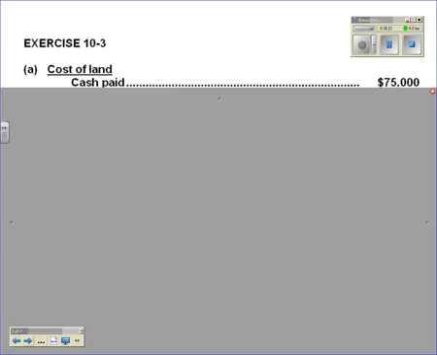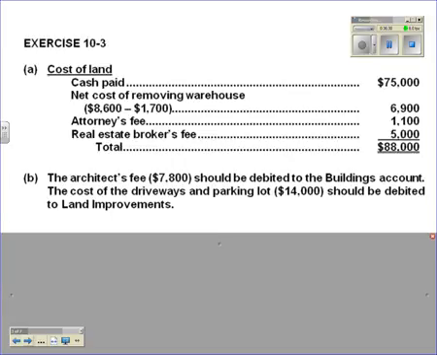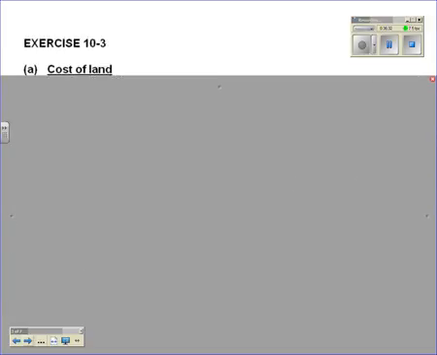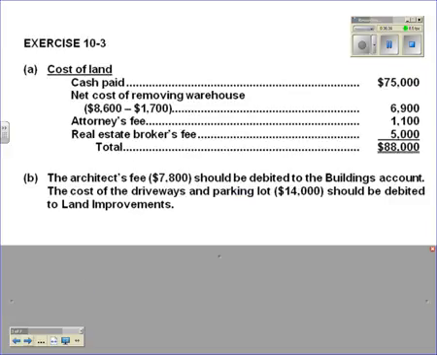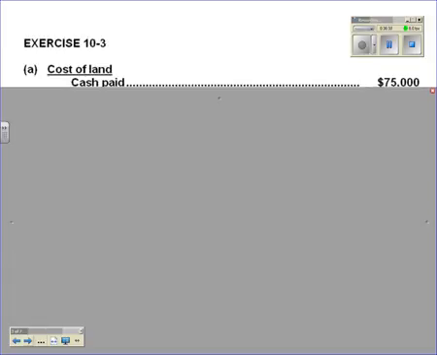So I think we're going to see 2. Yeah, so we're looking at the land and the construction, okay? We paid $75,000 for this piece of land, but what was sitting on the land? An old warehouse on the property was razed, or in other words, demoed, at a cost of $8,600.